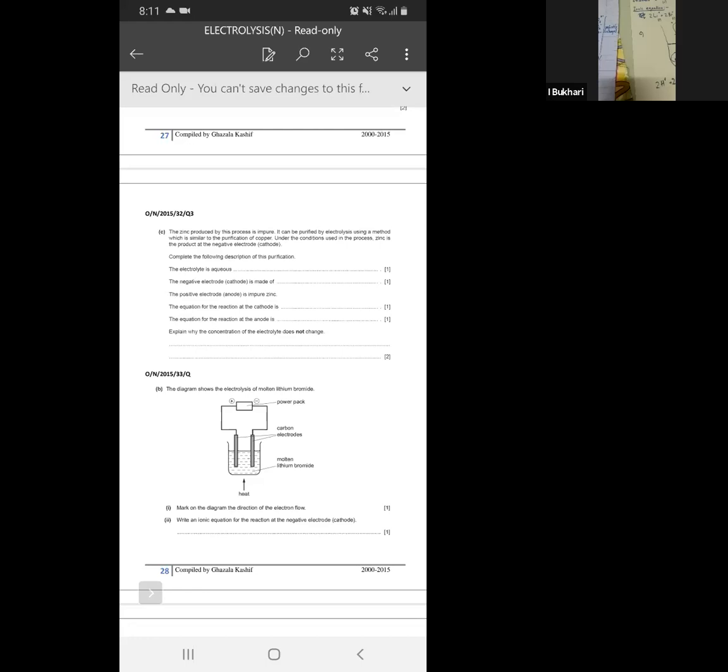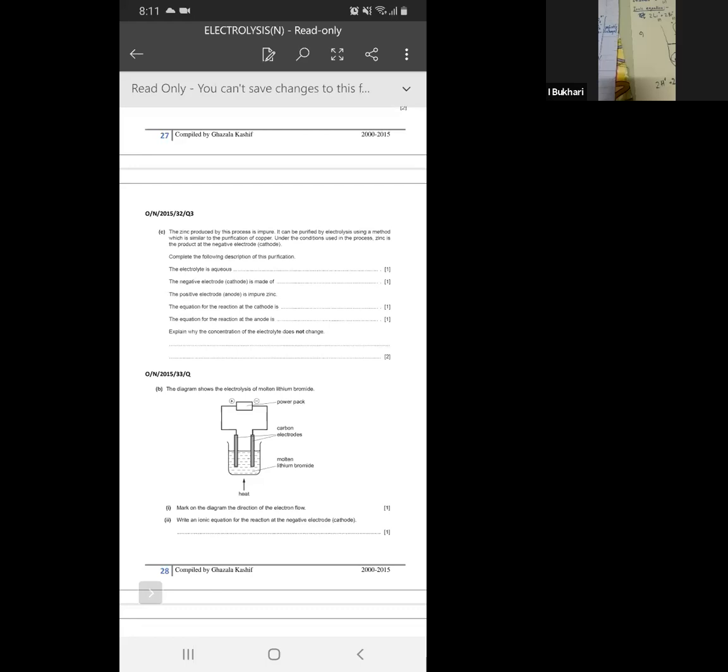Another thing that I noticed while going through these questions is that whenever the question mentions that this process is similar to that other one, just assume that you are being asked about that same process.